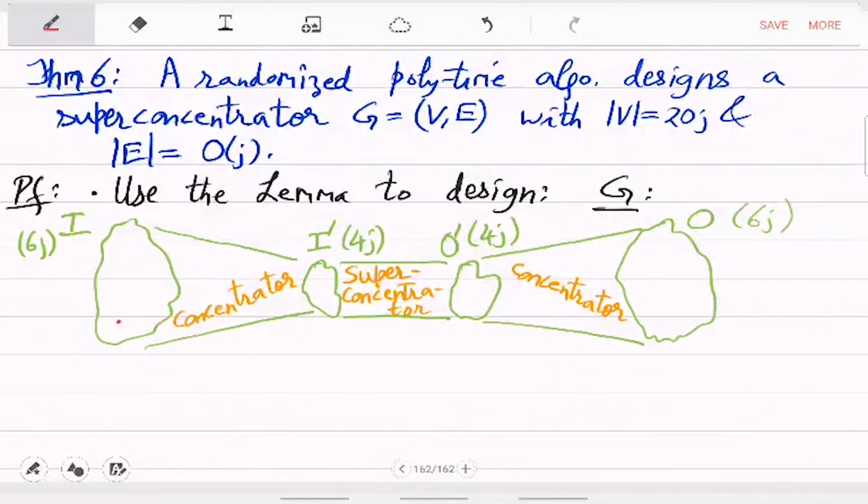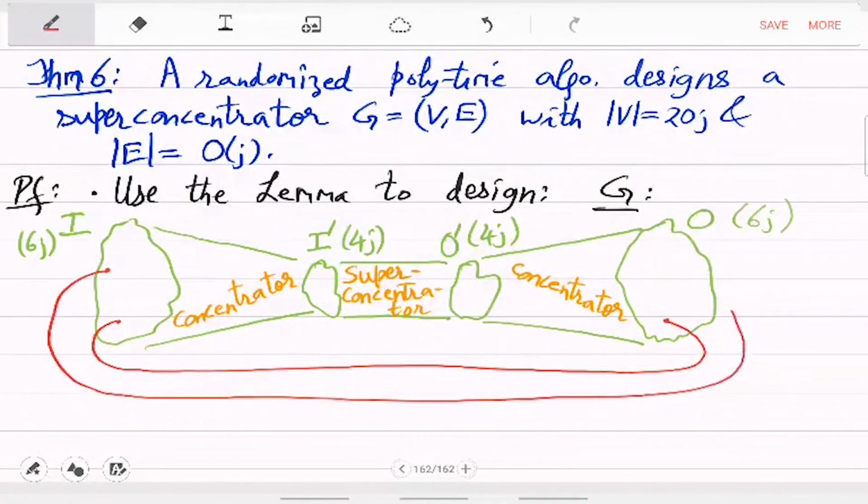Finally, have a designated vertex. Okay, so these are actually matchings for I to O. So I and O have the same number of vertices. You basically create a bijection and call that M. We'll call that the matching M.